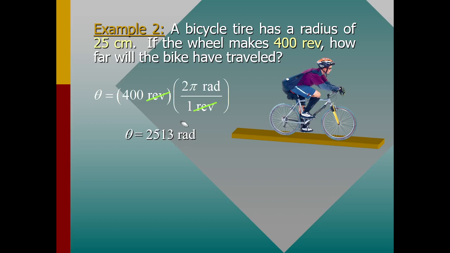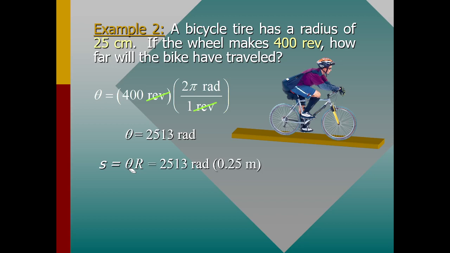Now, after I have my radian measure, which is my angular displacement, I can easily look for the arc length, which is S. So I'm going to say S is equal to theta times r, angular displacement times radius.